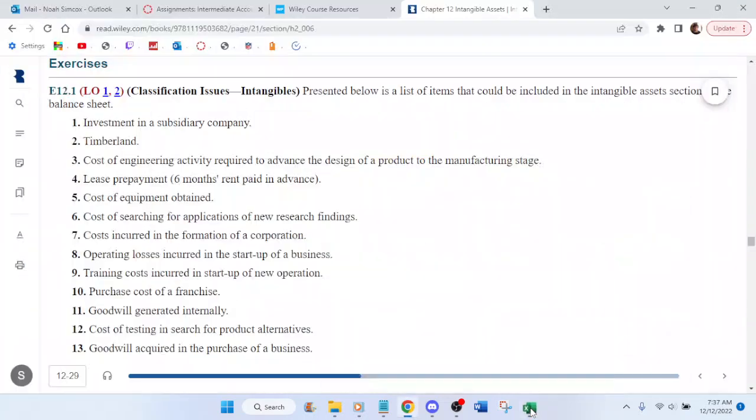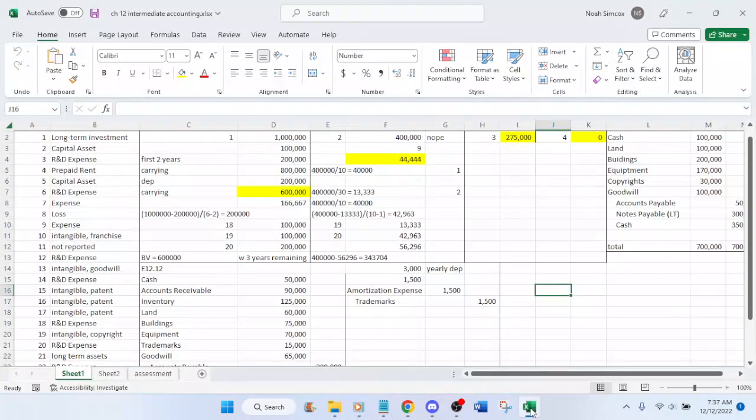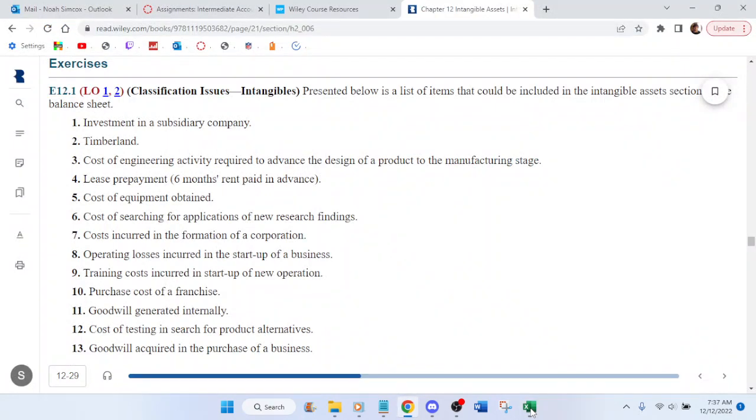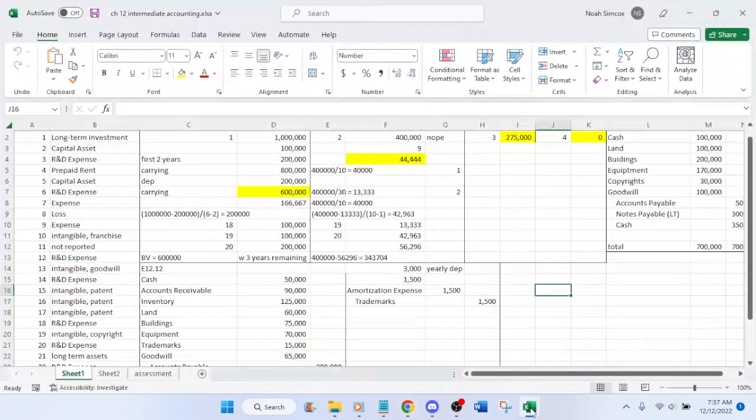It is prepaid rent. Cost of equipment obtained is going to be equipment. Capital asset. I don't know why he's calling these capital assets. It doesn't make any sense to call them capital assets because I thought if it's used in the business, it's not capital. Cost of searching for applications of new research findings, R&D expense.